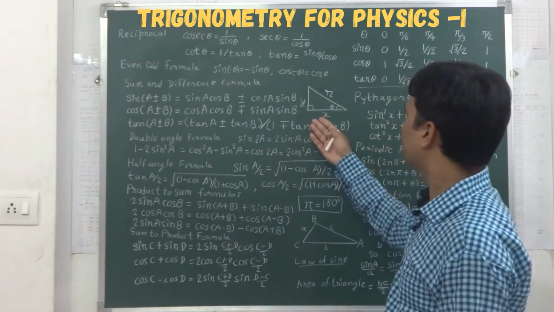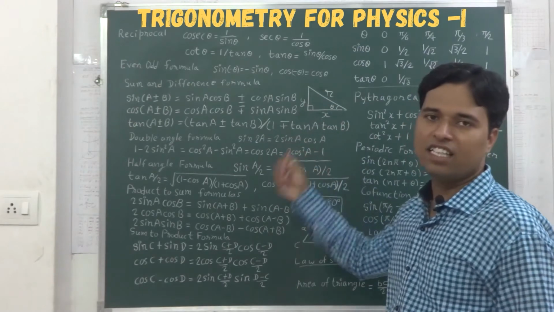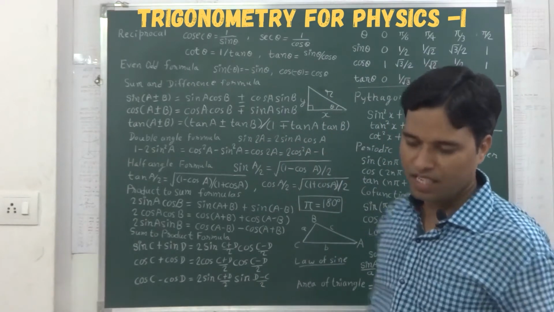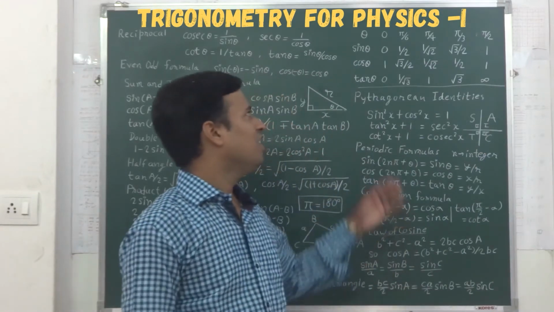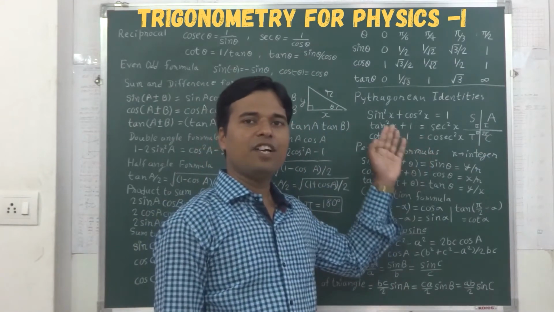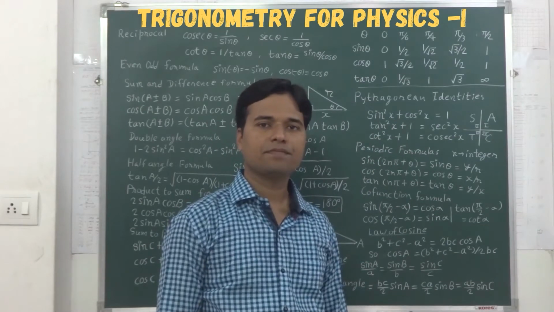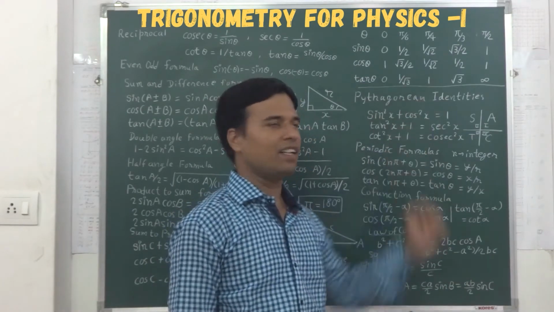Now dear students, we are learning formulas related to sin theta, cos theta. Before that, we will revise the values of sin theta, cos theta for some basic values of angle.